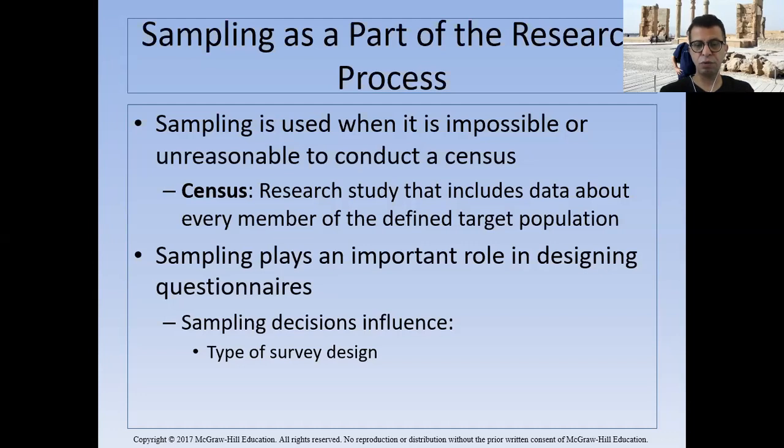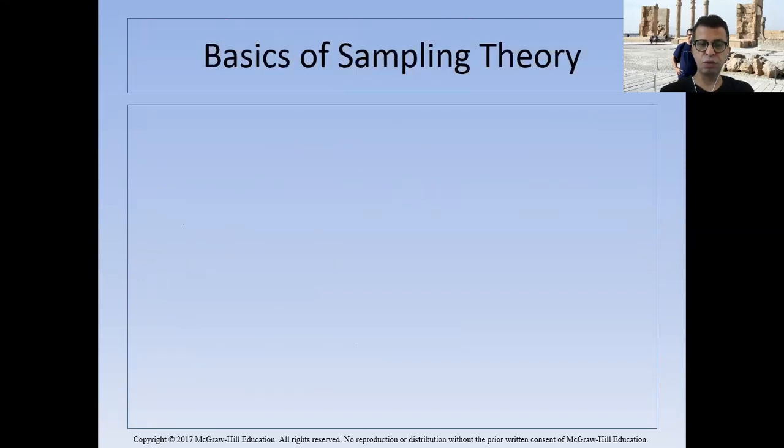Asking over the phone is different from asking in person, and different from using an automated telephone machine, or sending an email to a certain group to answer. So the sampling decision is influenced by the type of survey design and survey instrument. These are the two things that affect the sampling.